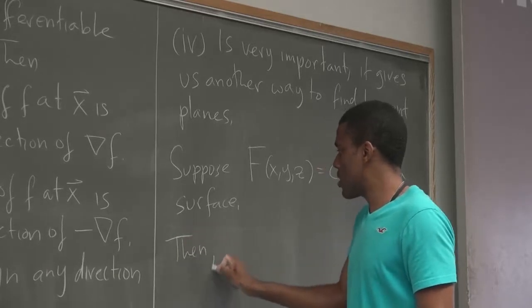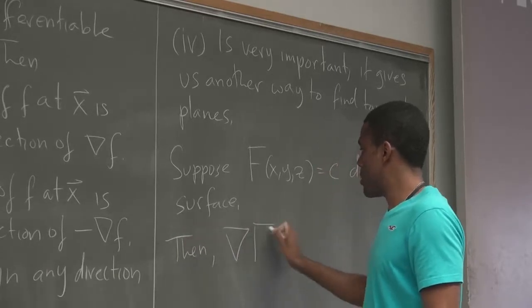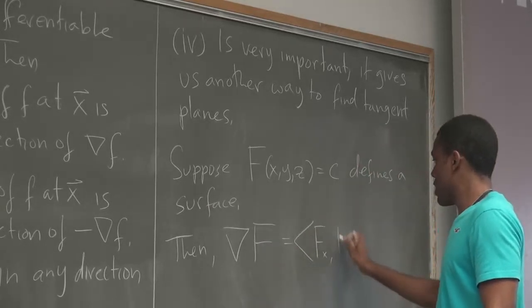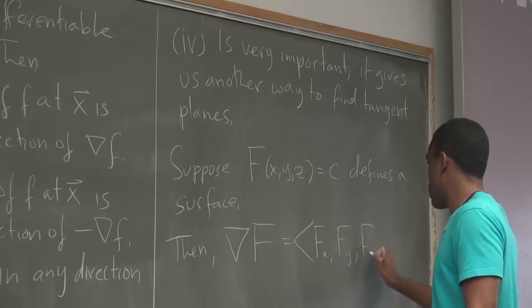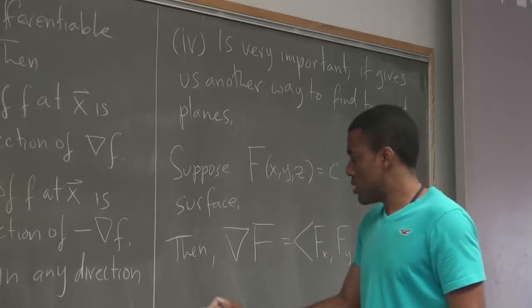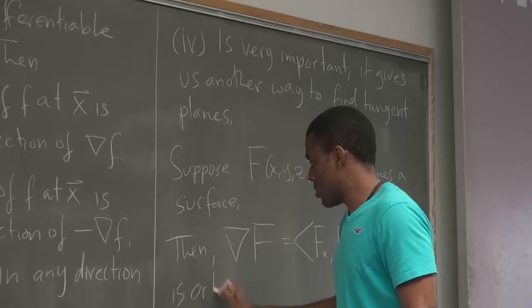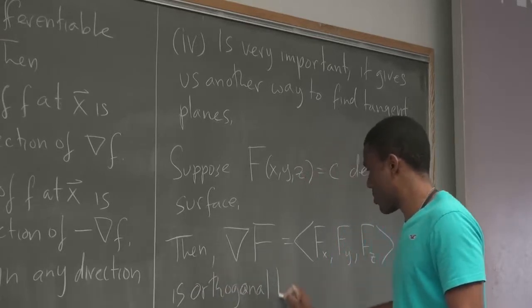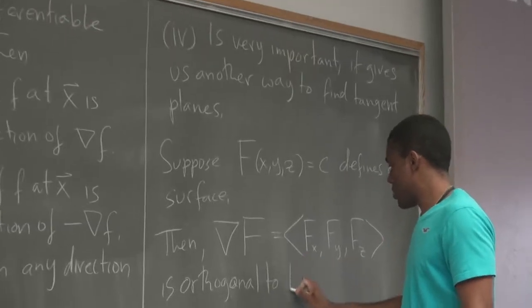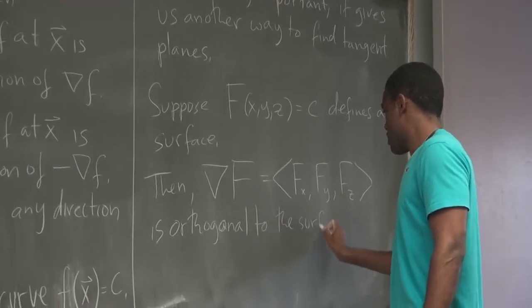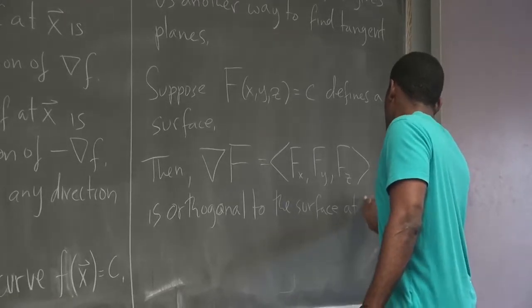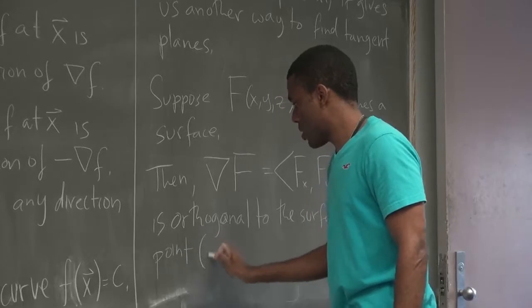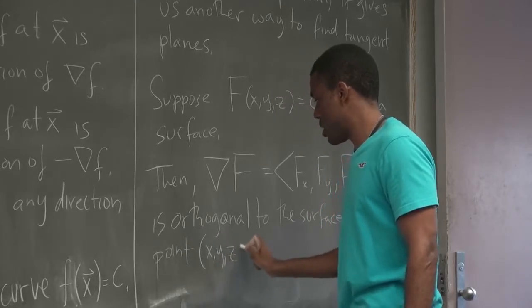Then the gradient of big F, equals partial with respect to x, partial with respect to y, partial with respect to z, is orthogonal to the surface at the point x, y, z.